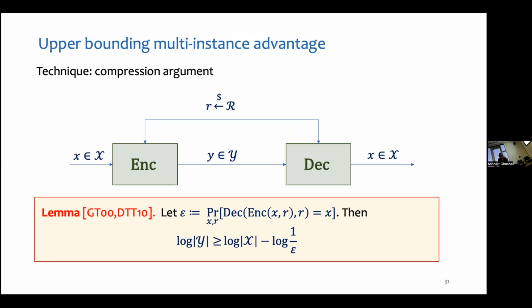The probability that this decoding would be correct is basically at most the ratio of the size of Y by the size of X. Of course the proof of this lemma is a fairly simple counting argument, but in cryptography this has been used in many settings to prove many different lower bounds.